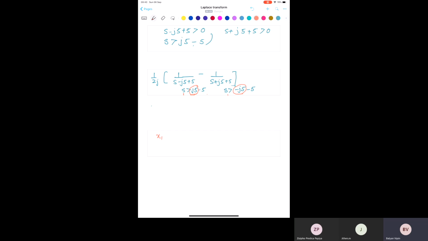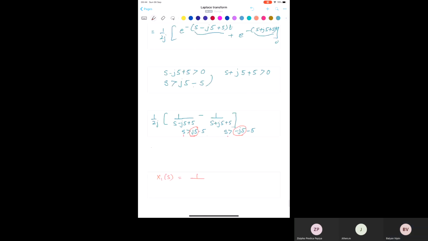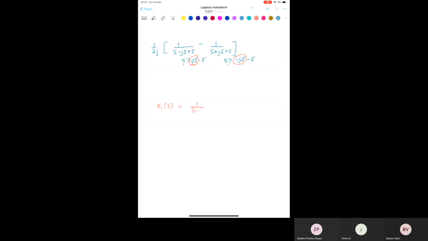And what x1(s) was telling us is that x1(s) equals 1 upon s plus 4, with s greater than minus 4, and x2(s) is this complete signal, and the condition was s greater than minus 5.